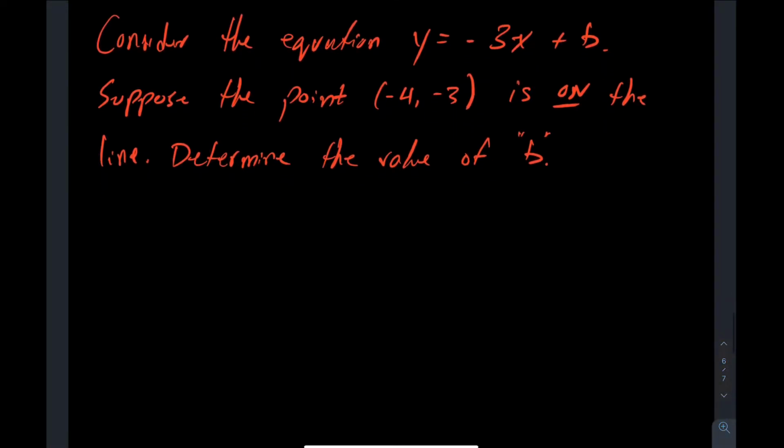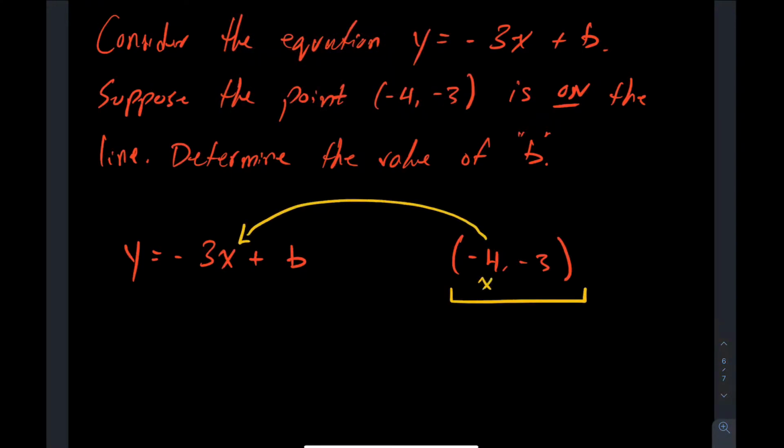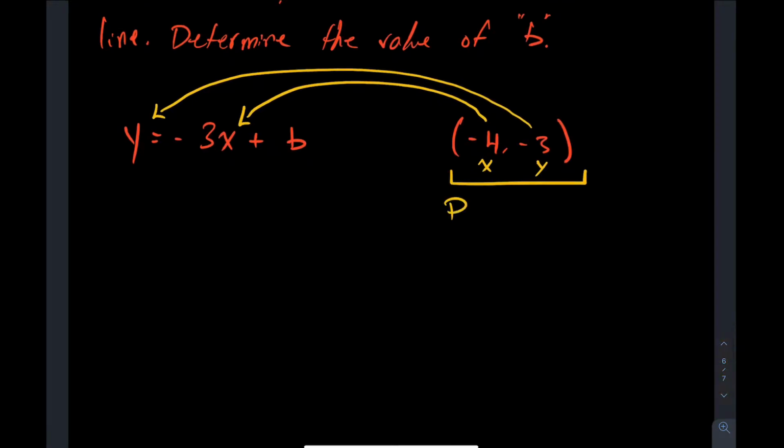Well, we have y equals negative 3x plus b, and our point is negative 4, negative 3. Essentially, all we're going to do is plug in each component here. This is our x, this is our y. So we plug in and solve for b.